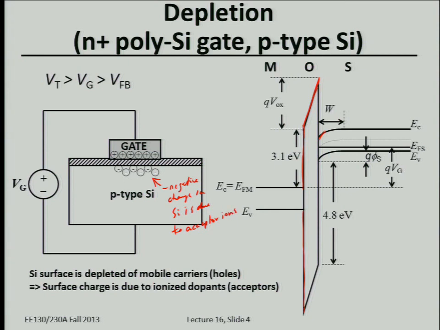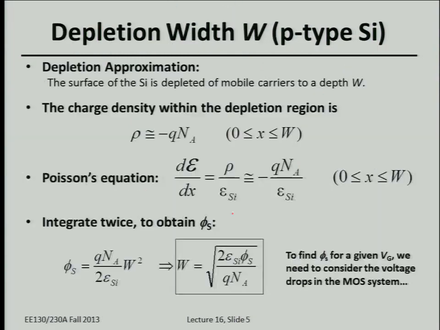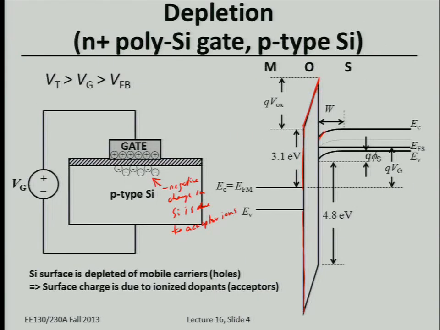Okay, so we can actually use, well, let's see, yeah, the depletion approximation again. I have some notes. If you plot the charge density versus distance, let's call it x, it's going to look like this: minus QNA, and then there'll be some depletion depth.